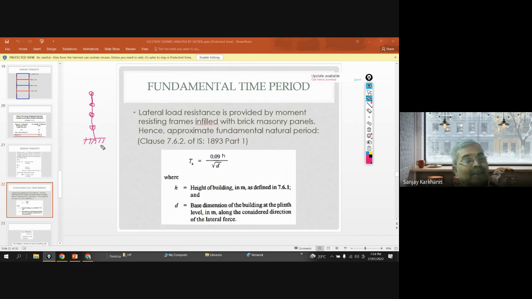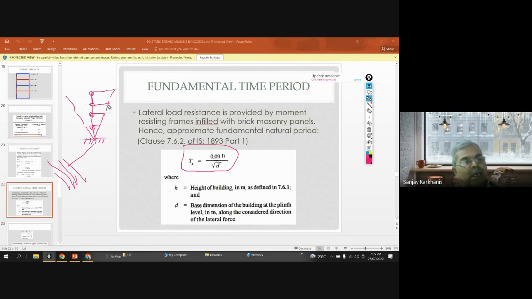These are the masses, and these masses, due to the earthquake activity that it is subjected to, will deform like this. So this is our fundamental mode or first mode. So the fundamental mode will give you deformation over here like this. And this is calculated with respect to T. So you can see fundamental time period calculation.